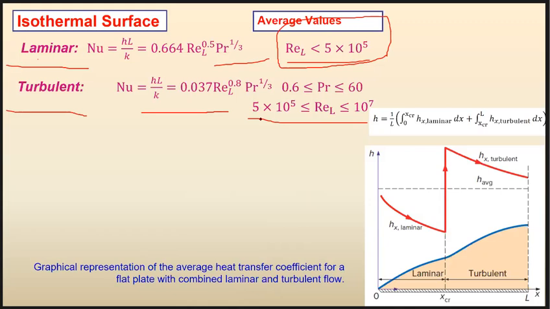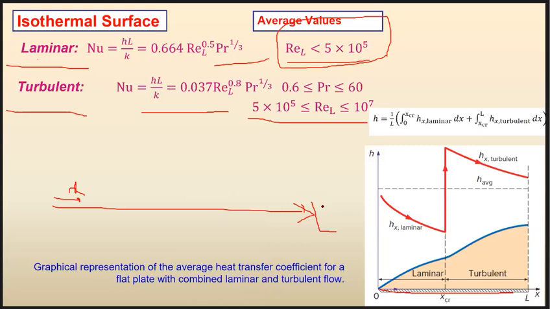But the question is, what if I have a flat plate? So I have a flat plate, and the length is whatever. So this is X direction, some L value, 10 meter, 20 meter, 1 meter, 50 centimeter, or whatever the length is.